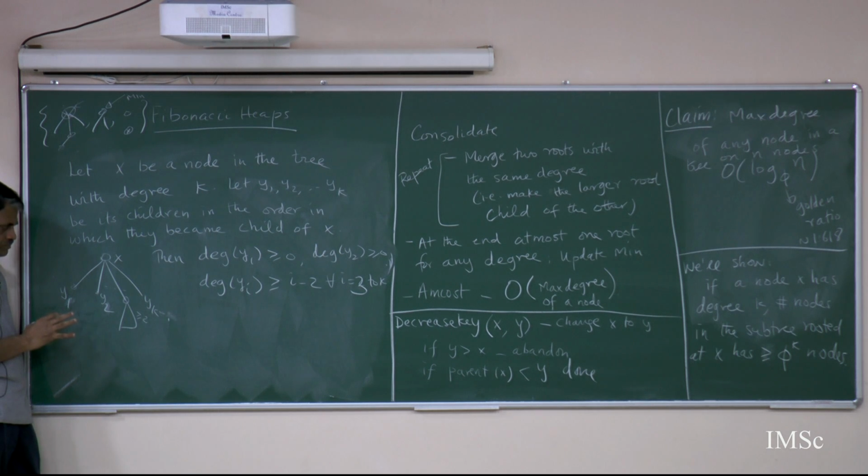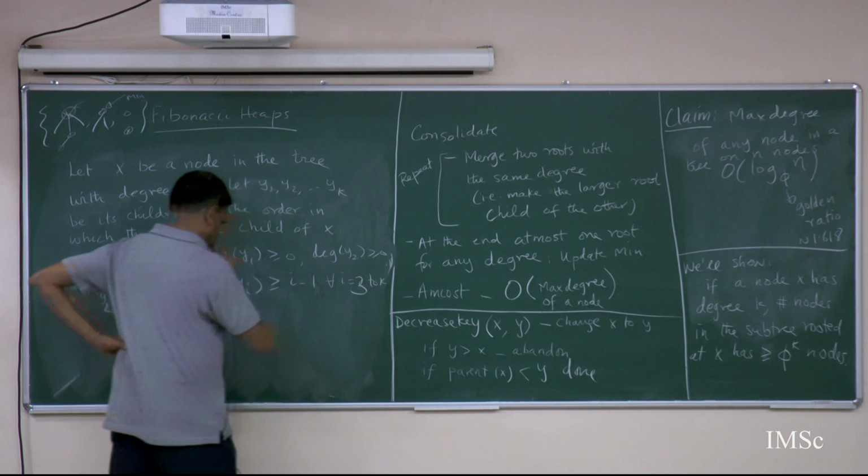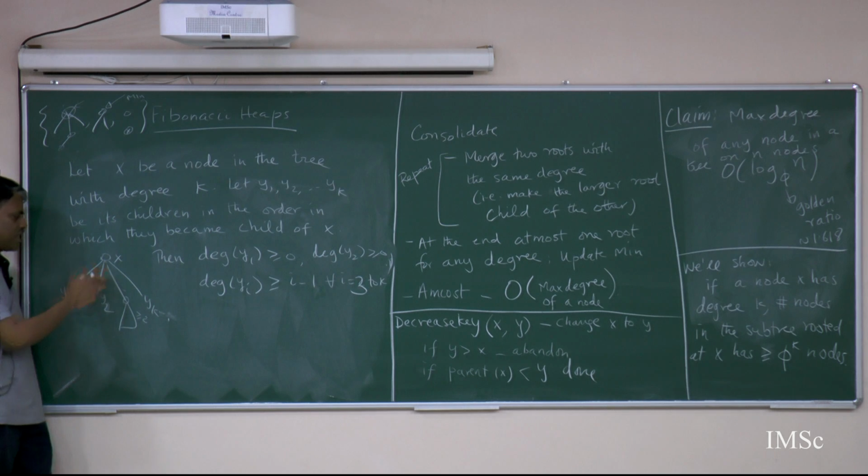Now, its degree at that time when it became a child of X must have been at least 2, because y1 and y2 were there. Maybe there were more things also which got lost now.